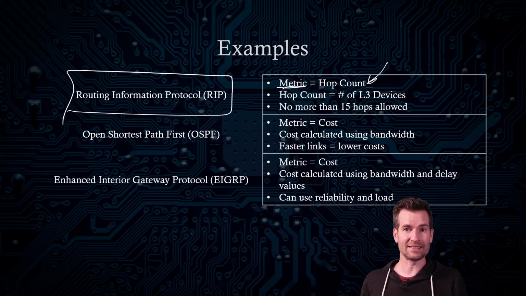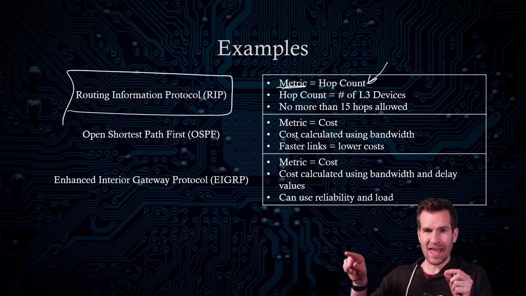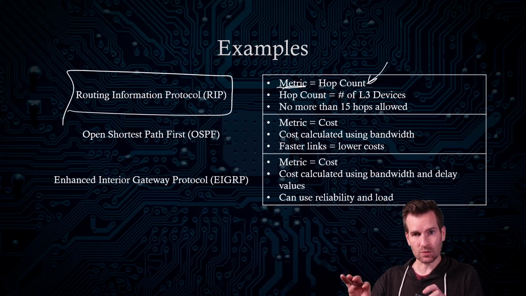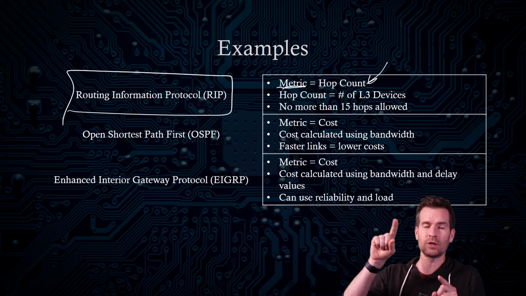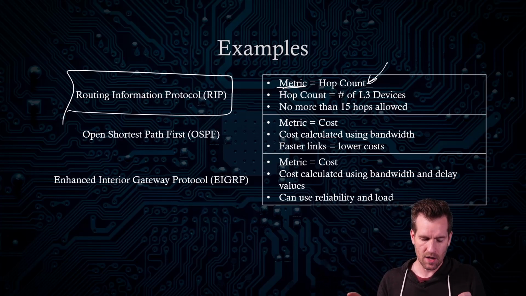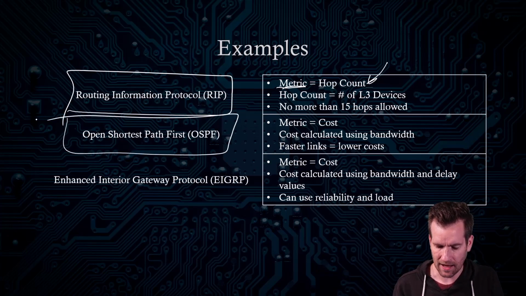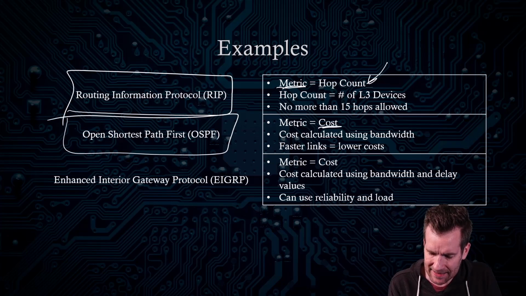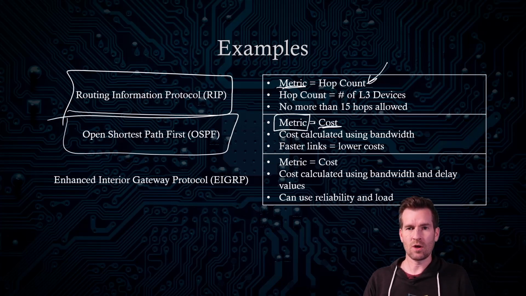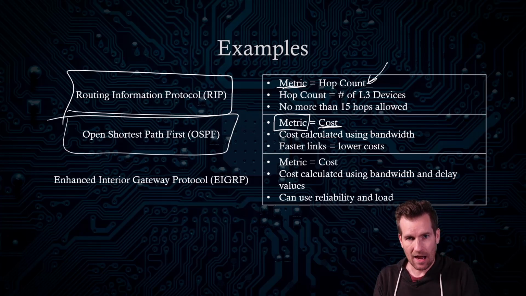This works fine as long as all of your links have the same speed. But perhaps that 5 hop route actually has faster connections. Then that would actually be a faster connection, even though RIP would choose the 3 hop count. So in that case, maybe you choose something like Open Shortest Path First. Open Shortest Path First uses cost as a metric. So it's going to get a little more sophisticated with its calculation.